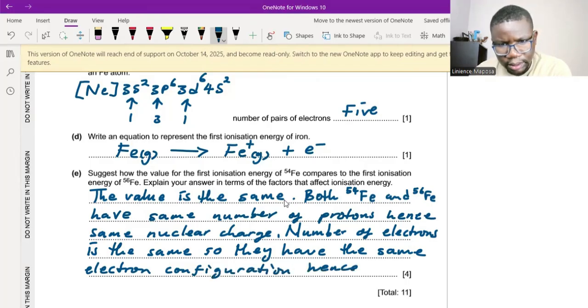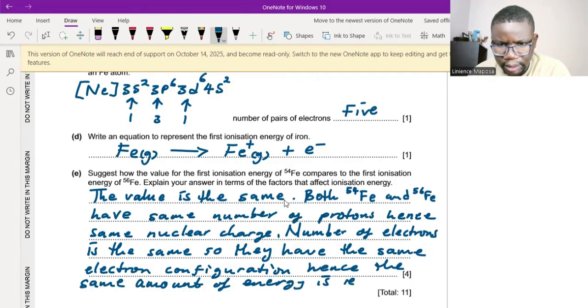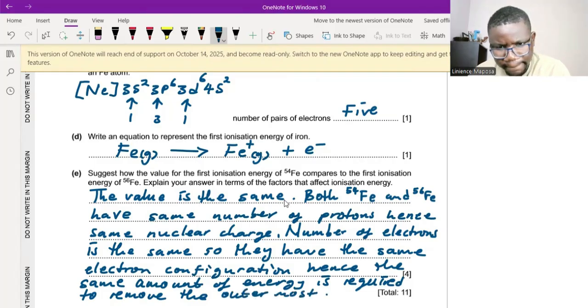Hence, the same amount of energy is required to remove the outermost electron. I feel you must say this because we are talking about ionization energy.